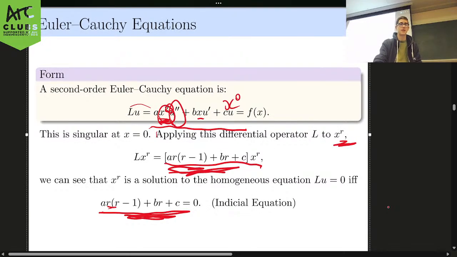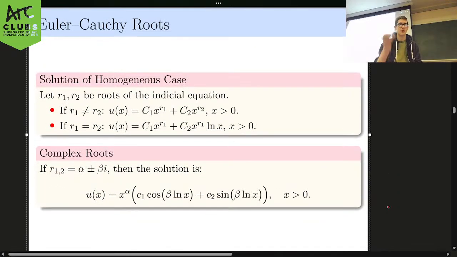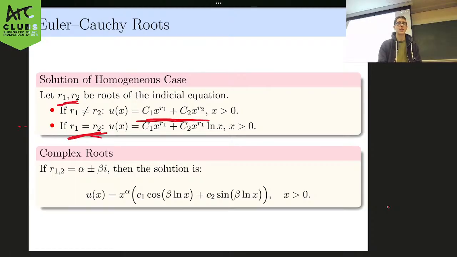You can solve that to find what the solutions would be, and it's a bit complicated when you have, say, complex roots, but in the simple case where you have two distinct roots, r1 and r2, the solution will be just a linear combination of them. When you have a repeated root, then similar to how in the case of constant coefficients we bumped up by a factor of x, here we have to bump up by a factor of ln x.